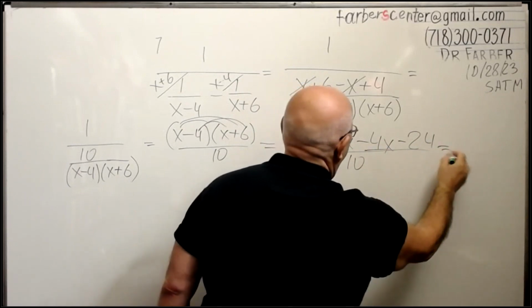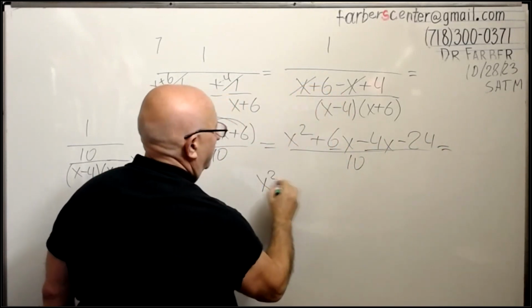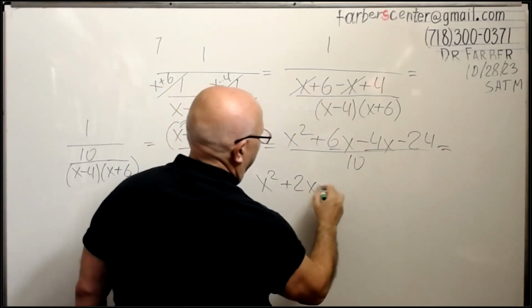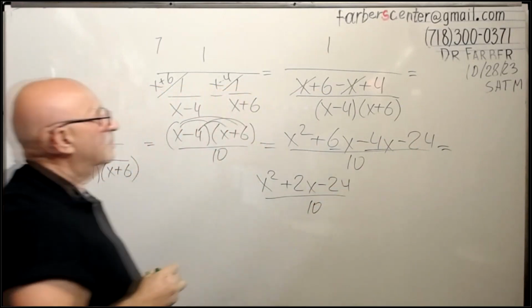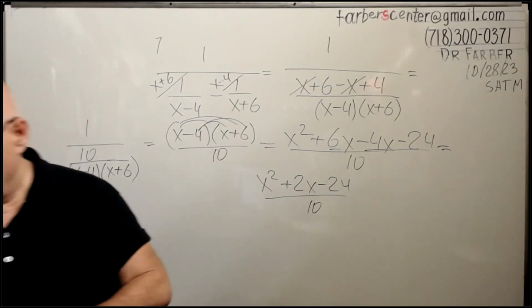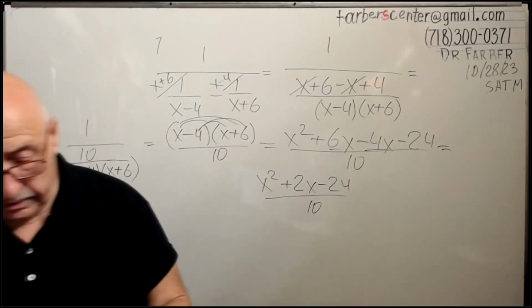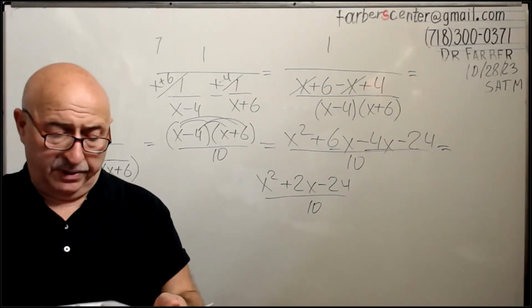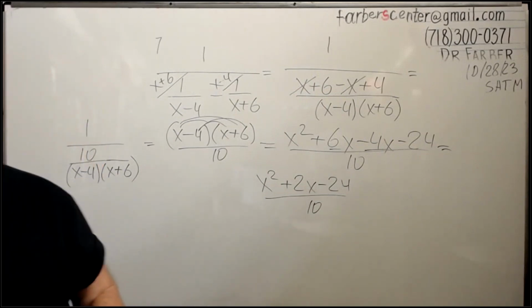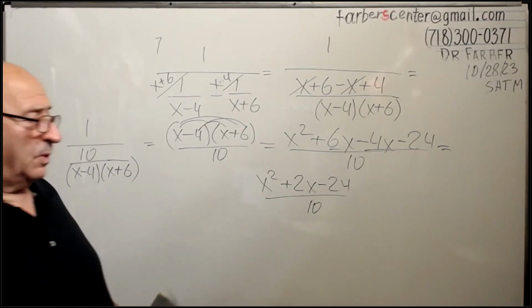Combine like terms, it will be x squared plus 2x minus 24 divided by 10. If you have any question, ask me. It was number 7, number 8. No questions? Can I move to the next one? Okay, good.